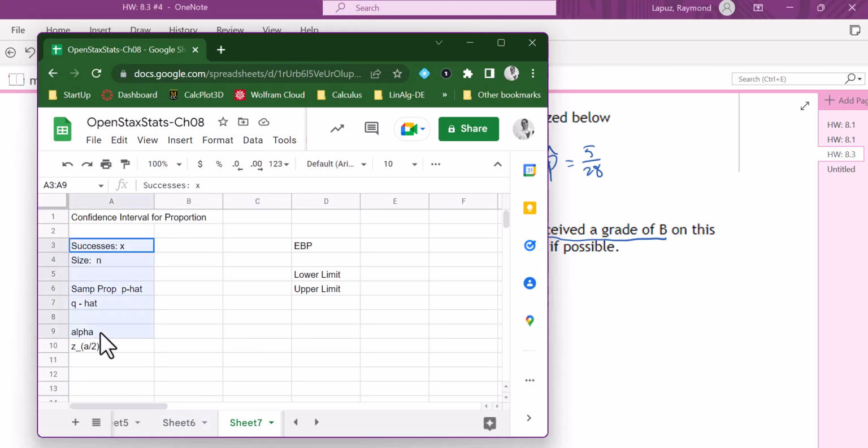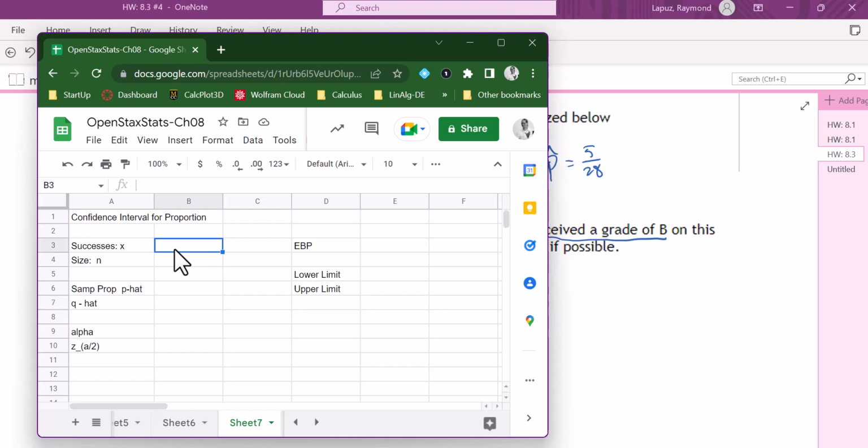It's a template, so I encourage you to do this on your own. After we put in the X and the N values, everything else will be based on formulas, so that you can continue to use this for future computations for intervals for proportions.